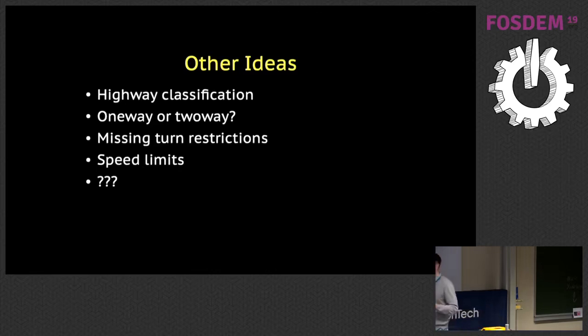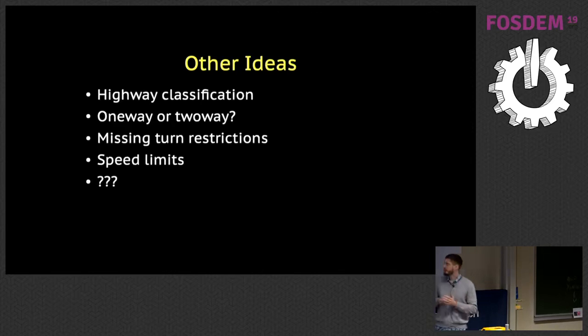We can find one-way streets that are incorrectly mapped as two-way, because we don't validate for that currently. Missing turn restrictions: if you see 100 cars turning right at the intersection, only right, then it's most likely you cannot turn left there. And speed limits, although I wouldn't trust taxi drivers to obey speed limits. If you have any other ideas, I'm open.